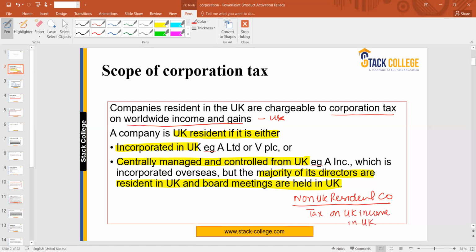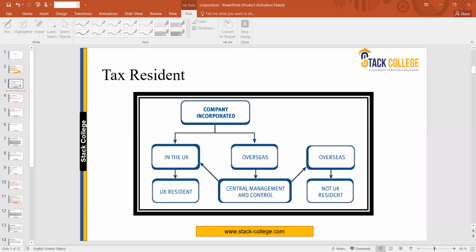If there is any UK income, then they have to pay tax in the UK. So accordingly, we have to identify: if a company is incorporated in the UK, it is UK resident. If it is incorporated overseas, but centrally managed and controlled in the UK, then it is a UK resident company. But if not, then it's an overseas company, not a UK resident company.